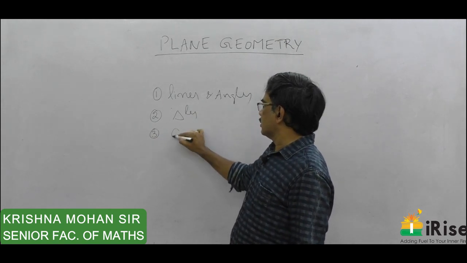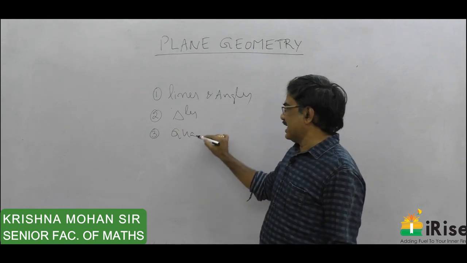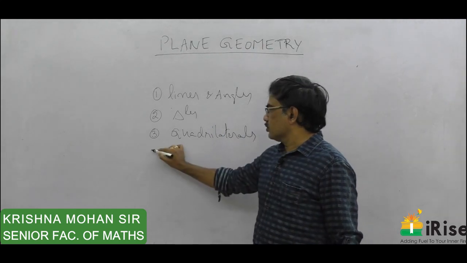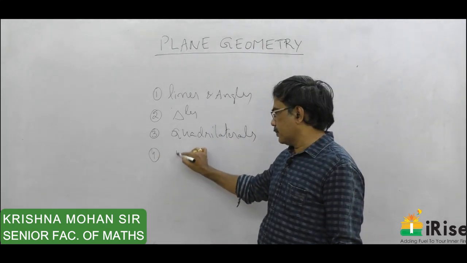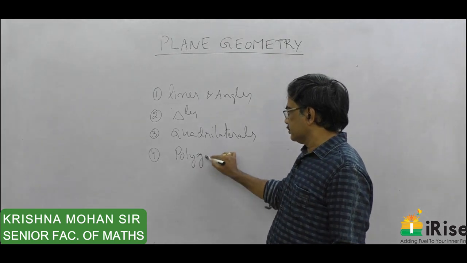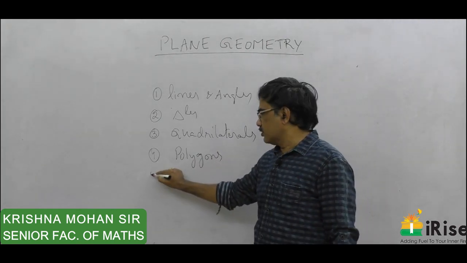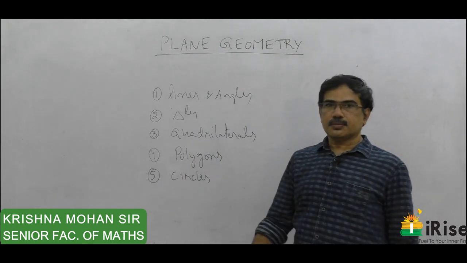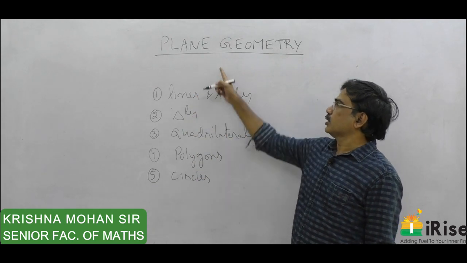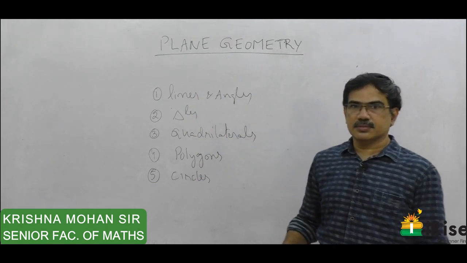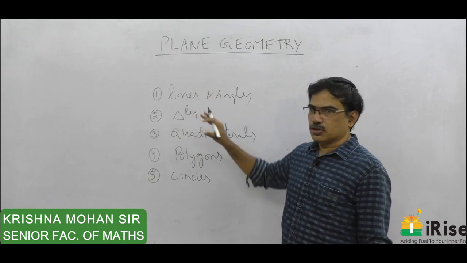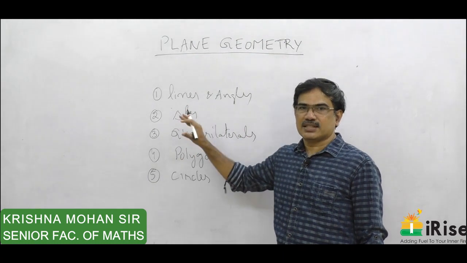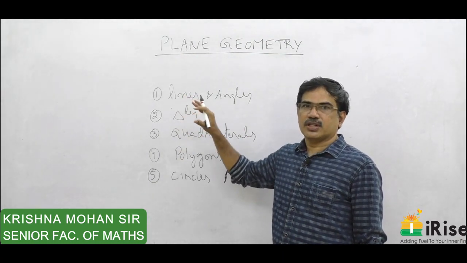Third one is quadrilaterals. Fourth one is polygons, and fifth one is circles. So these are the 5 subtopics in plane geometry. We will discuss all these 5 topics, and nearly 300 questions will be discussed after completion of each topic.